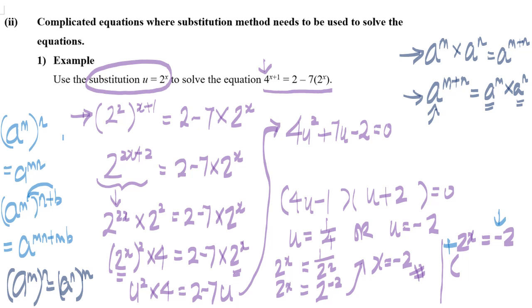Hence, for this, we will have to reject the equation. So you either say reject, or you can say that it is not applicable, because there's no value of x such that the left-hand side is a positive value and the right-hand side is a negative value. So the only answer that you can have here is x equals -2.